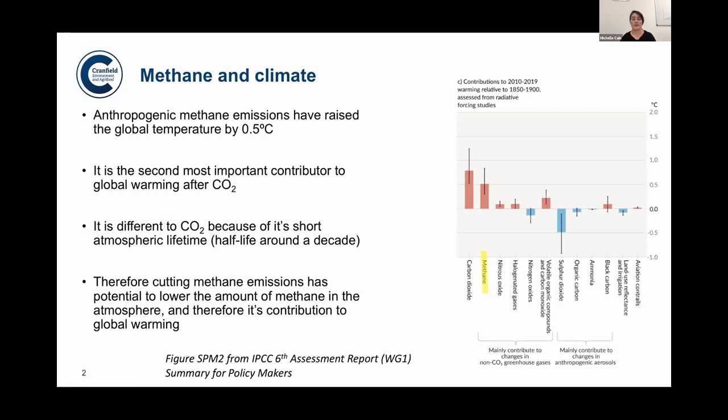And it's a really nice summary figure that shows the contributions of all the different greenhouse gases and aerosols on the temperature, on global warming. So the bars are showing how much warming is contributed by each of the gases. And you can see methane, which I've highlighted in yellow, is the second most important greenhouse gas for global warming. So anthropogenic methane emissions have raised global temperature by about 1/2 degree already.